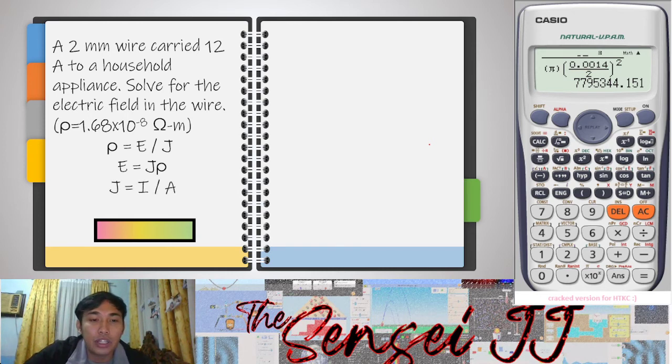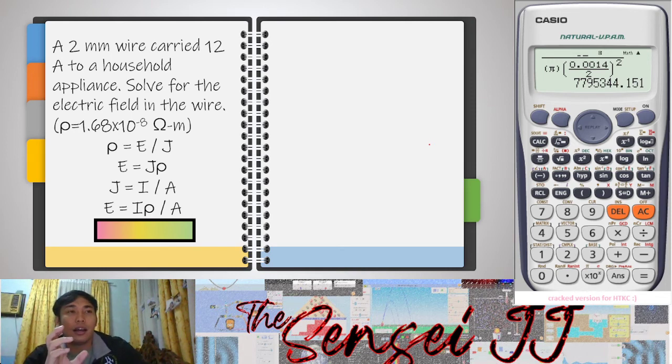J is equivalent to I over A, or current over the area. Substituting, we will have the formula E equals current multiplied by resistivity all over the area.